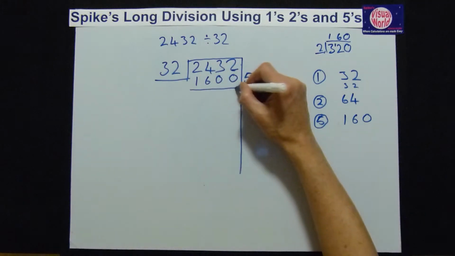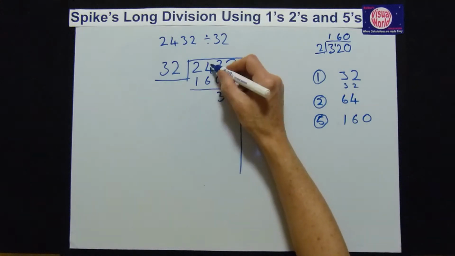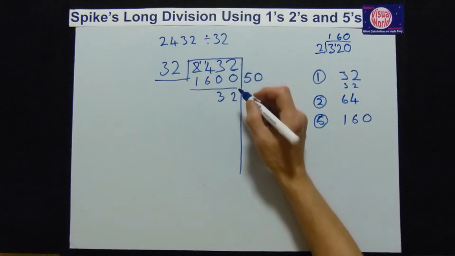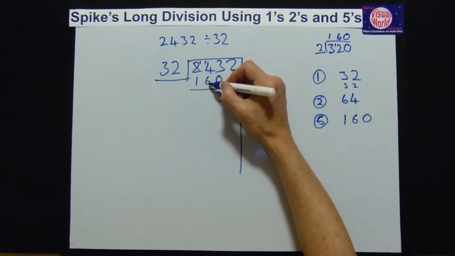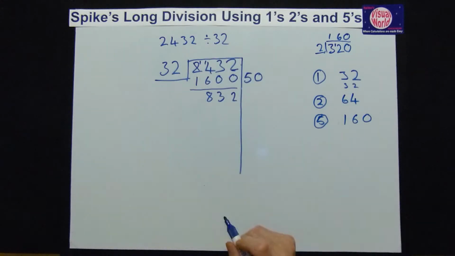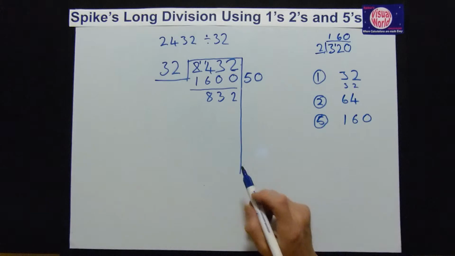So we'll now subtract to see how much we've got left. 2, 3, 6 from 4, we can't do it. So take the 10 from there, and we get 6 from 14 is 8. 1 from 1 gives you 0. So we're now left with 832.